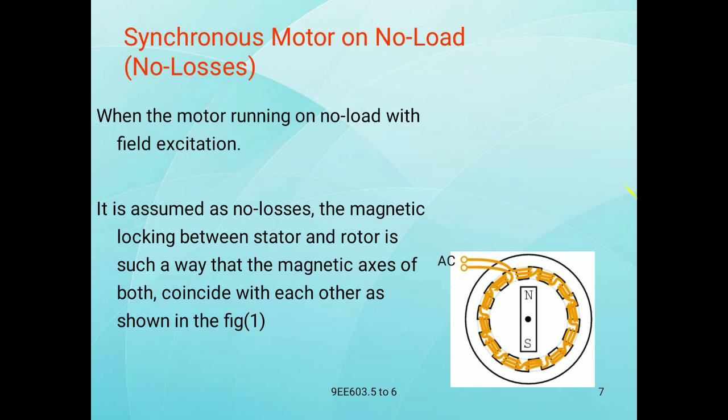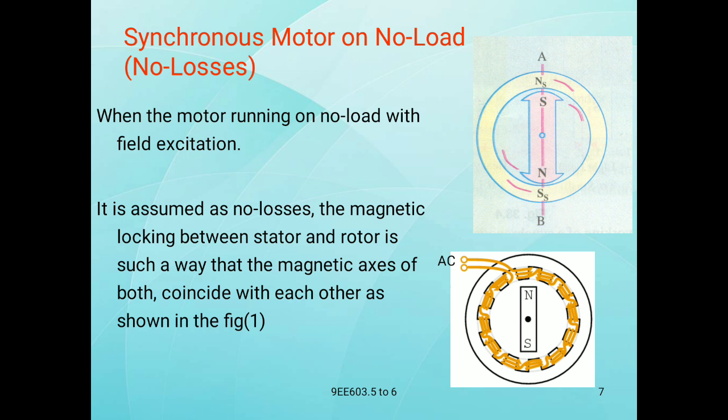The magnetic locking between stator and rotor is such that the magnetic axes of both coincide with each other, as shown in the figure. Observe this: N S, N S coincide with each other. This is the no losses assumed case.